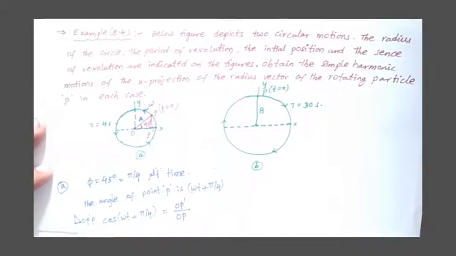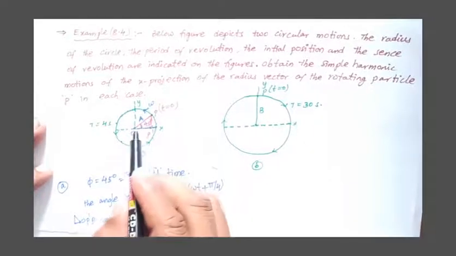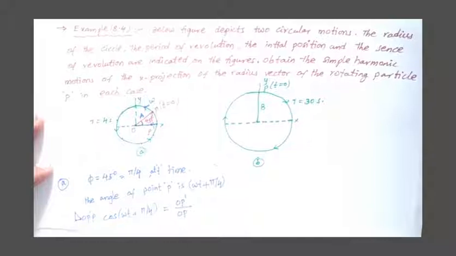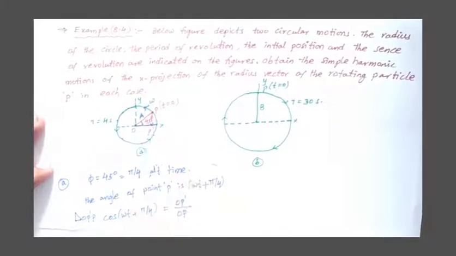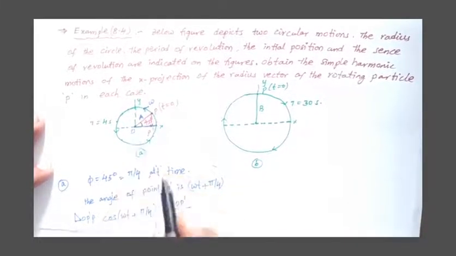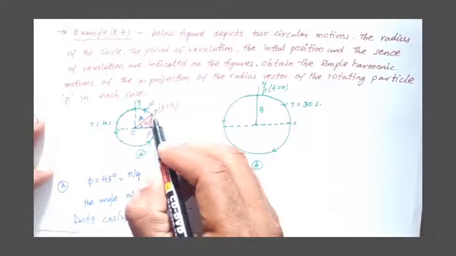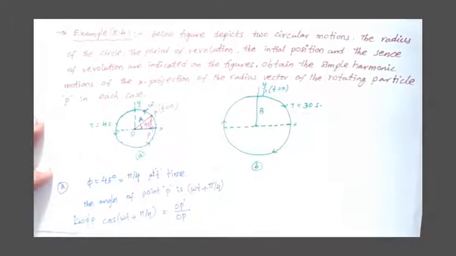OP dash is nothing but the displacement, along the x direction. So x of t equals OP, which is the radius capital A, times cos of omega t plus pi by 4.